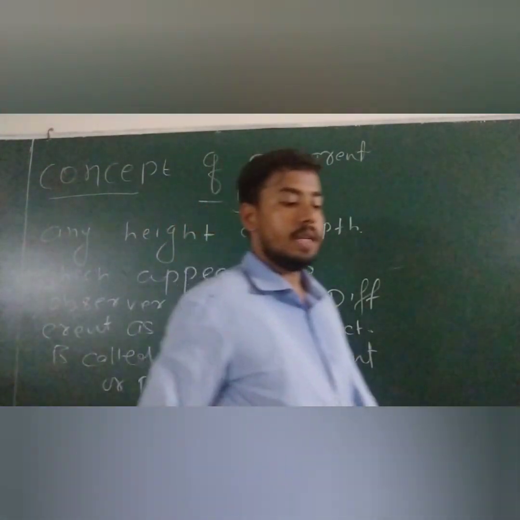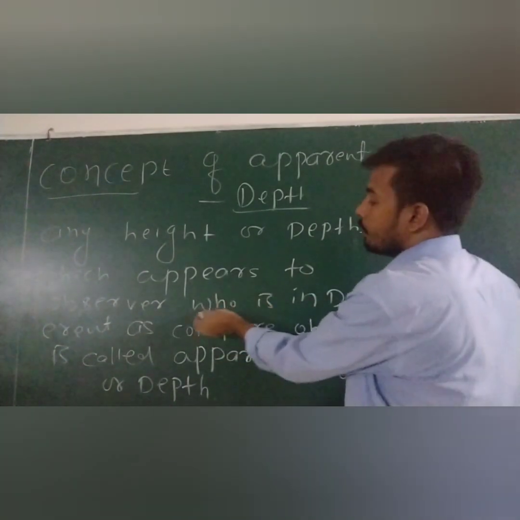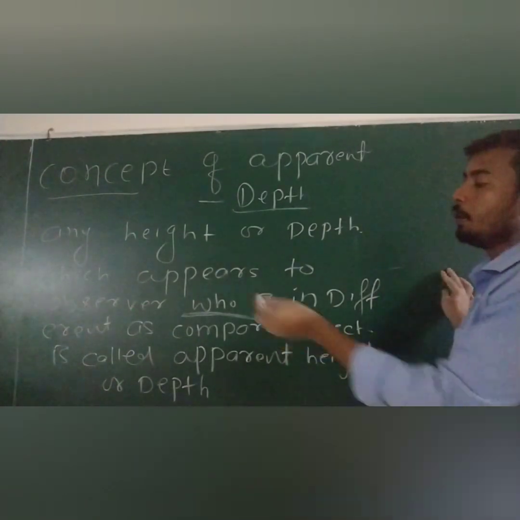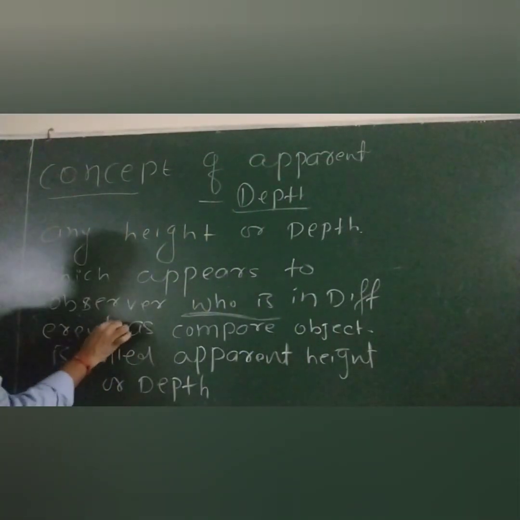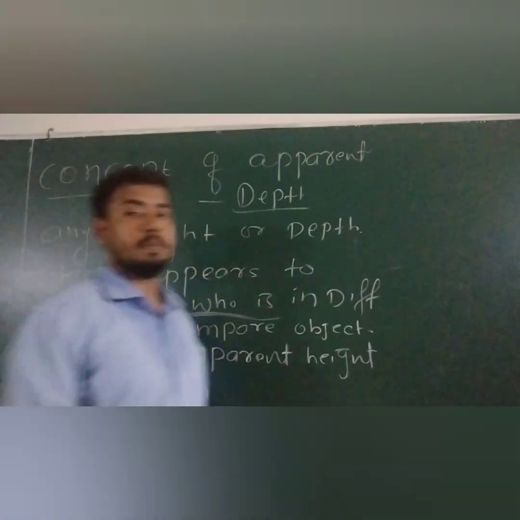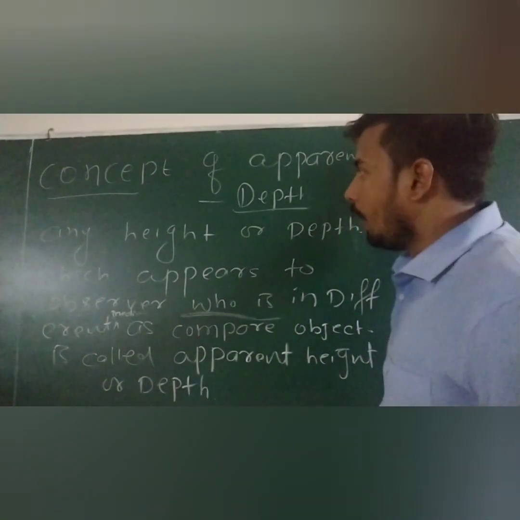So my dear students, see what I told. Any height or depth which appears to the observer who is in a different medium as compared to the object. Suppose the observer is in air and the fish is in water.